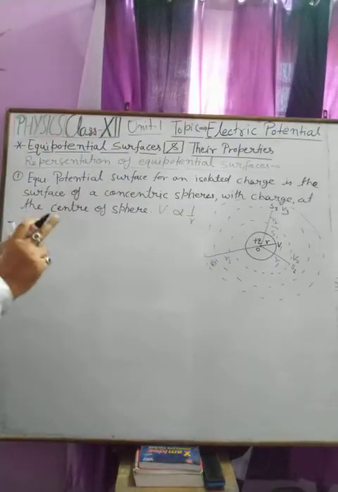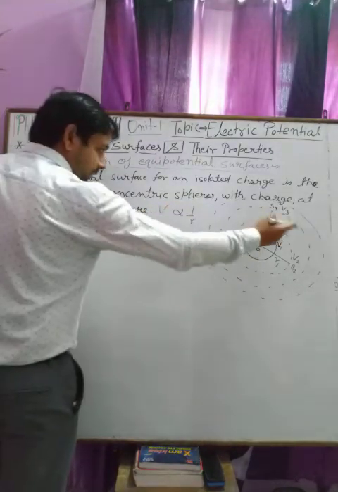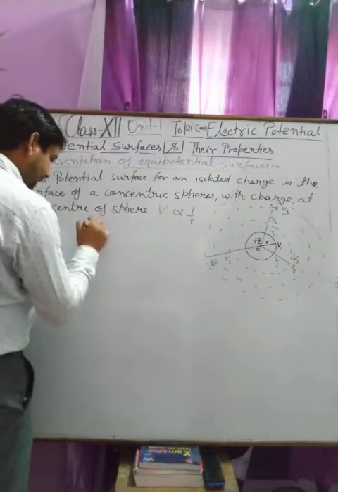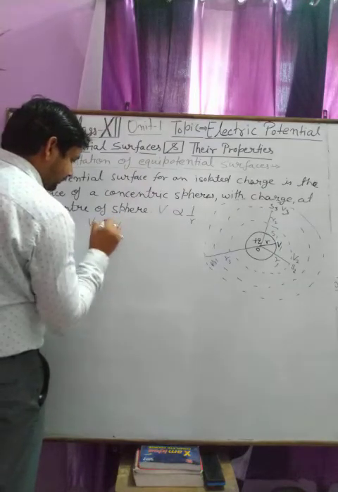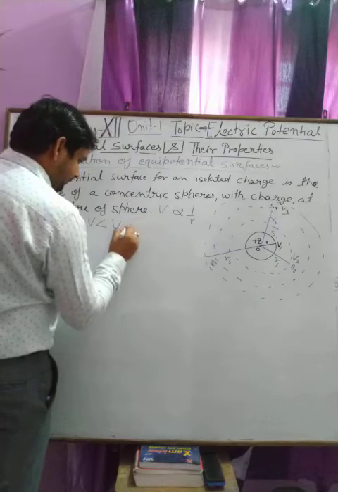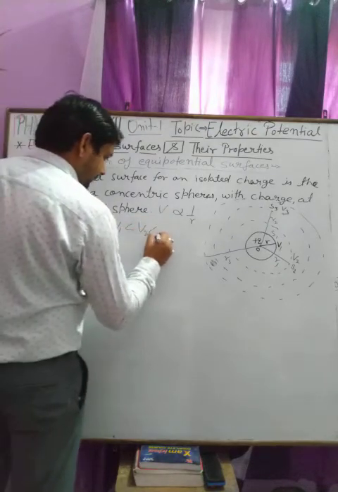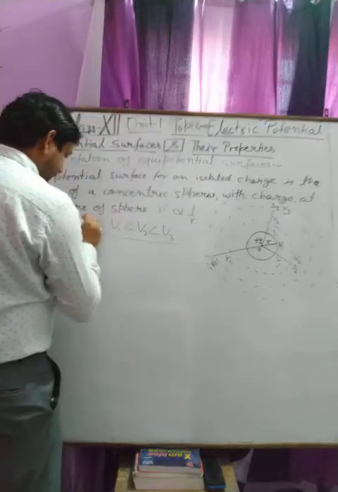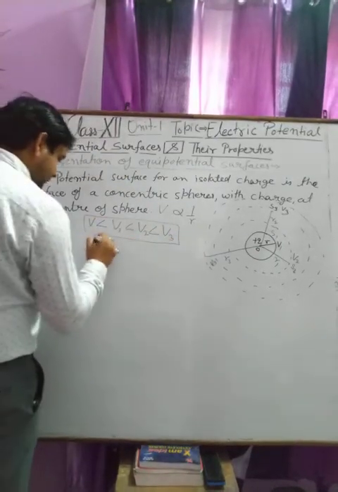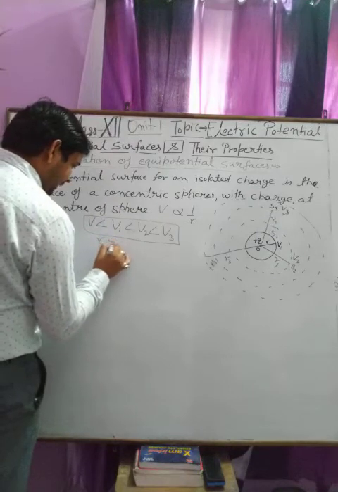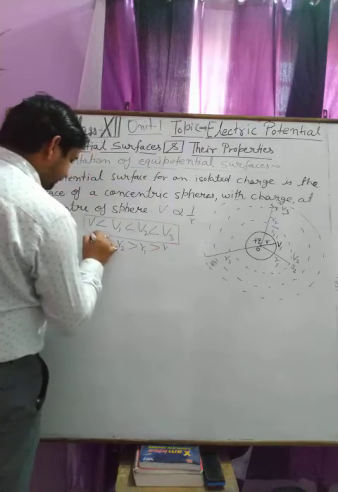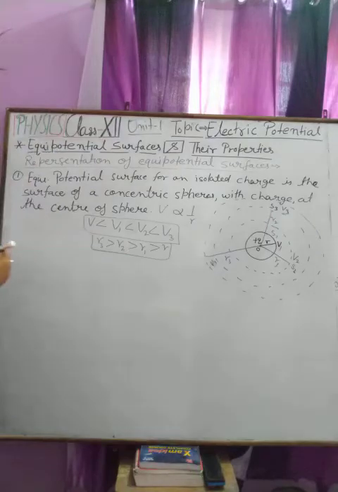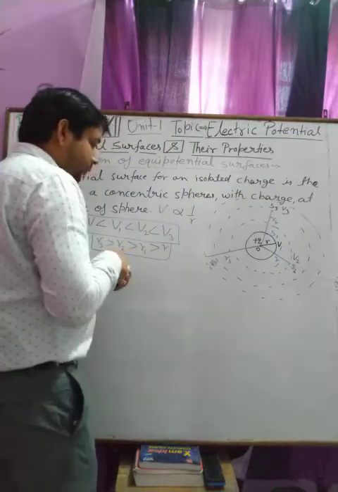That is, as distance increases, potential decreases. This is because R3 is greater than R2, then R1, then R. So the smaller the distance, the greater the potential. These are the equipotential surfaces.